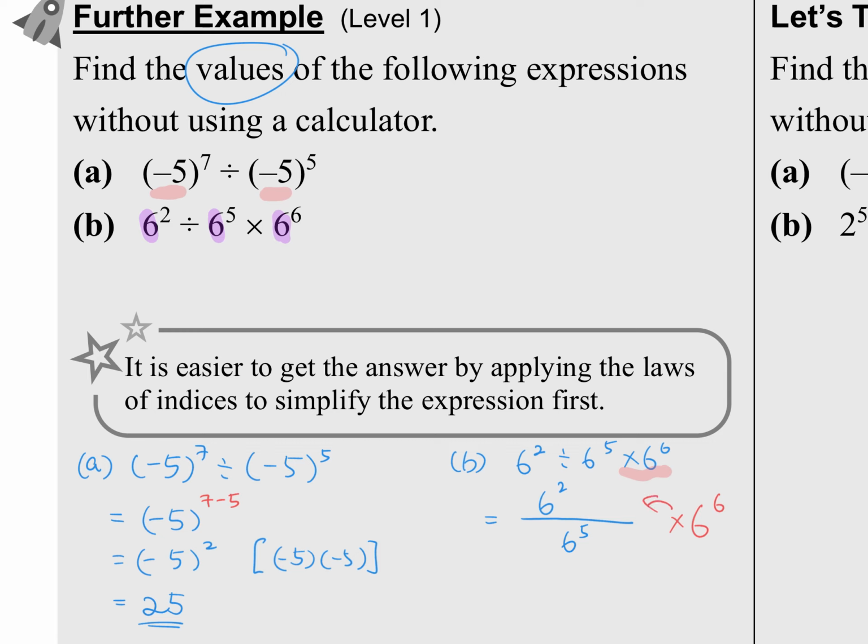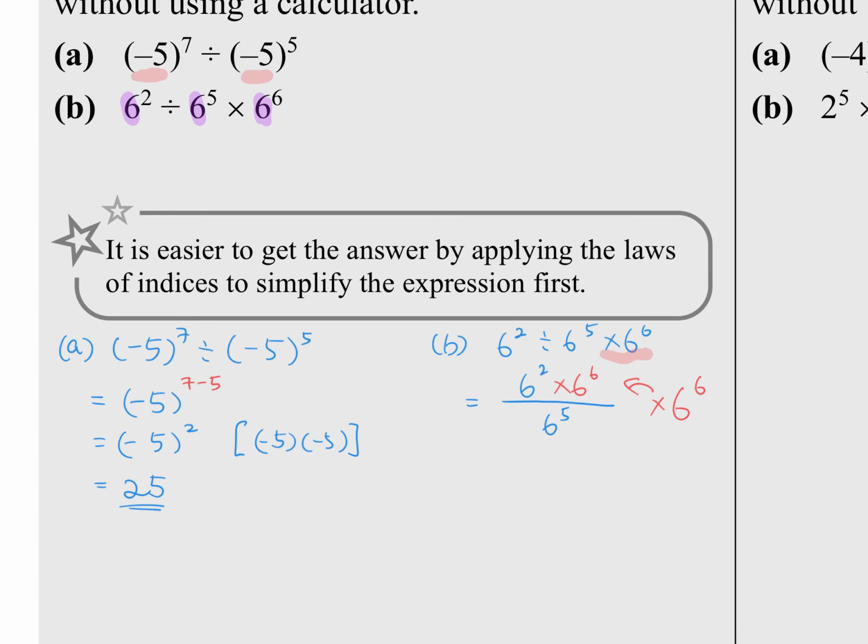Or we can write 6 to the power 6 in the numerator. Now you can see that in the numerator, we can find the products first. Same base, 6, and then we have to add the 2 indices, 6 plus 2 plus 6, and then over 6 to the power 5. Now we will have the resulting index, 6 to the power 8 over 6 to the power 5.